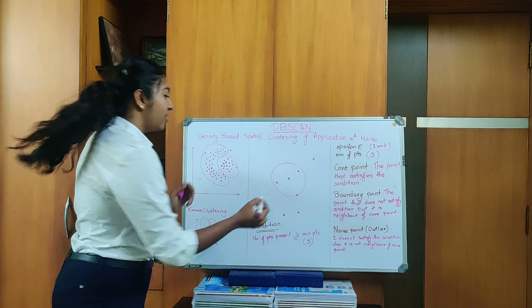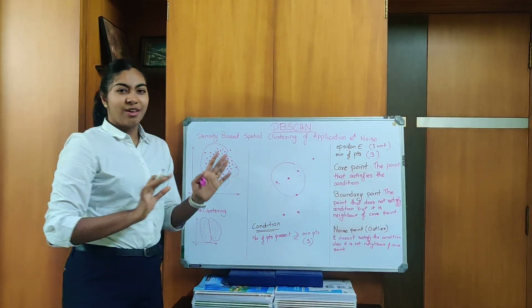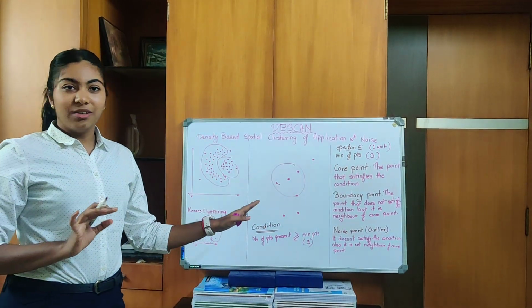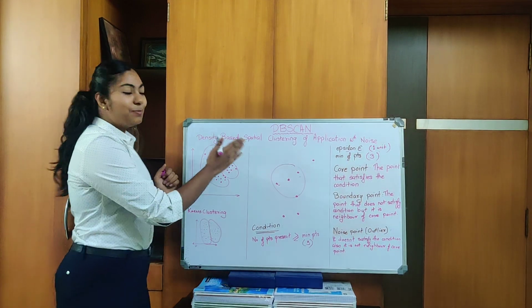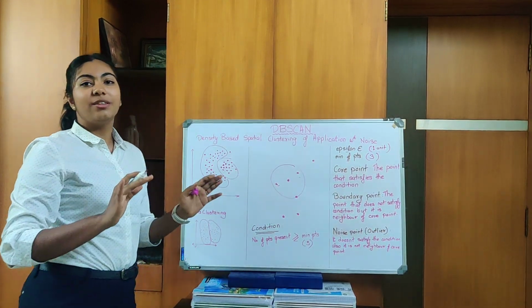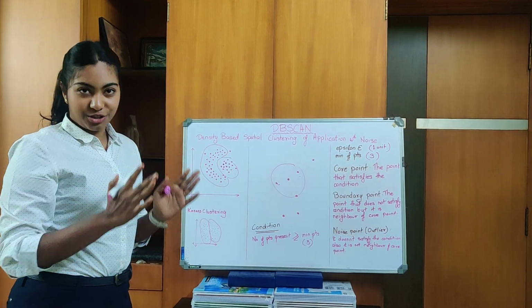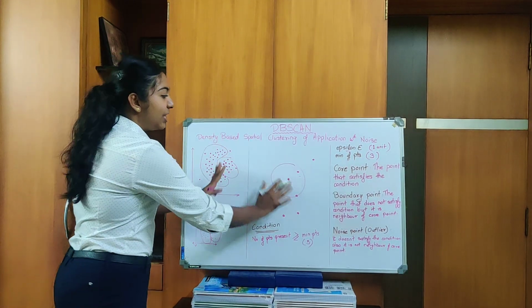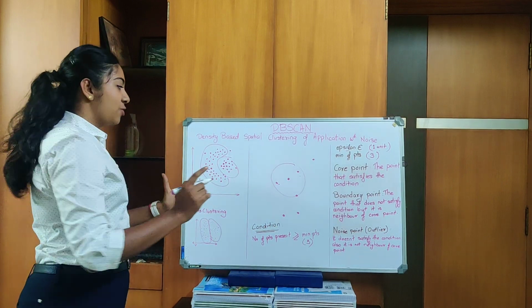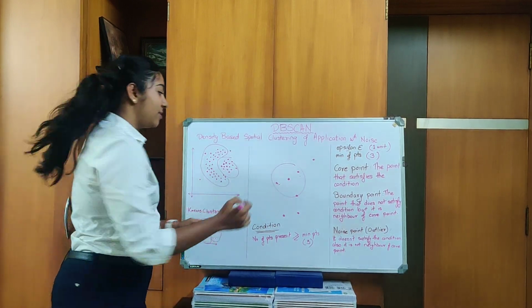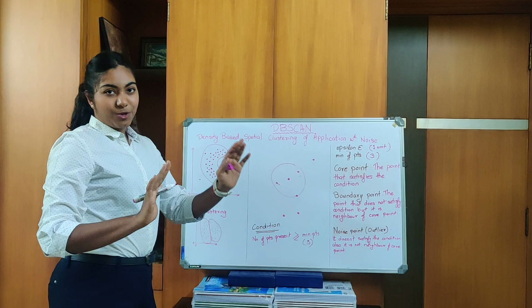How many points are there? 1, 2, 3. You understand what we are trying to do over here? As the name suggests, density based clustering, we are just trying to see the density of an area. The density will be considered high if the number of points in the given area is high. Simple. So here we are counting the number of points present. The number of points present is 3.